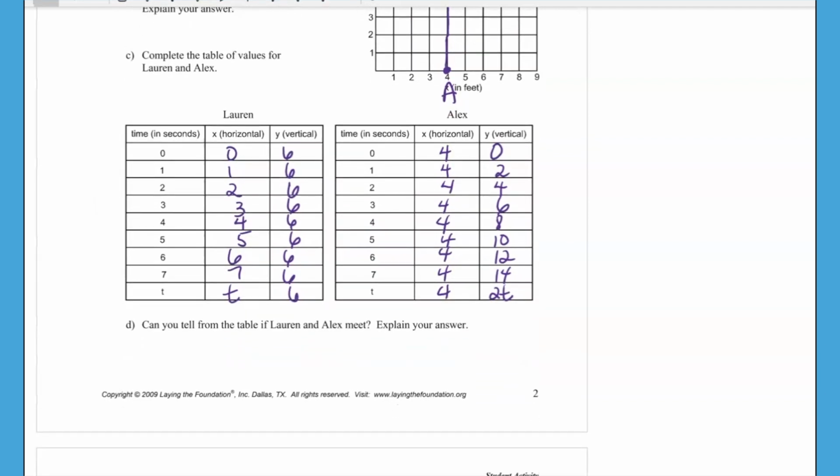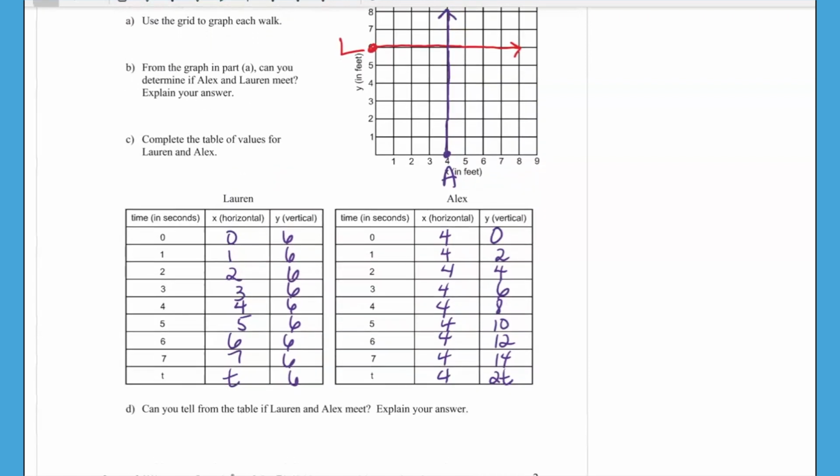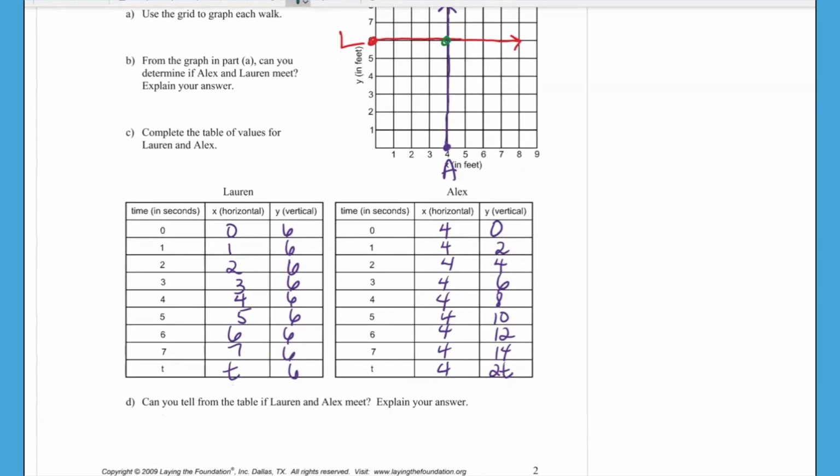Okay, so can you tell from the table if they meet? And so we can see in the picture that they're meeting at this spot (4, 6). And that happens for Lauren right here and for Alex right here. And you can see that they get there at 2 different times. So yes, we can tell that they don't meet, right?